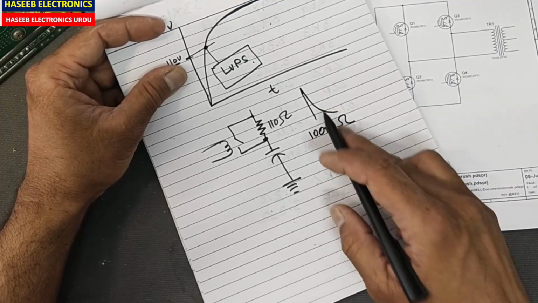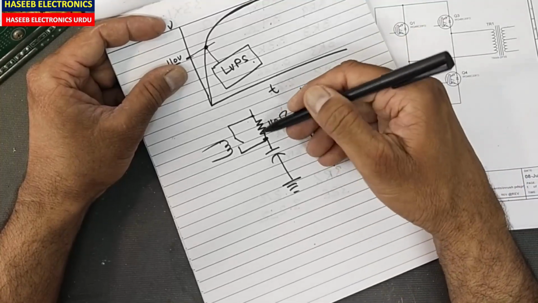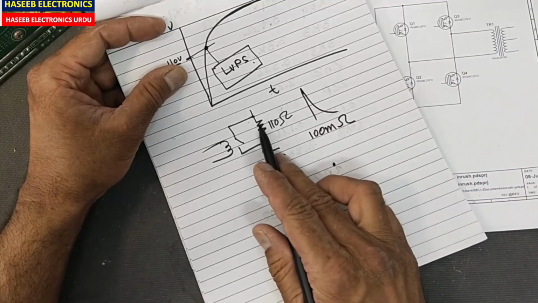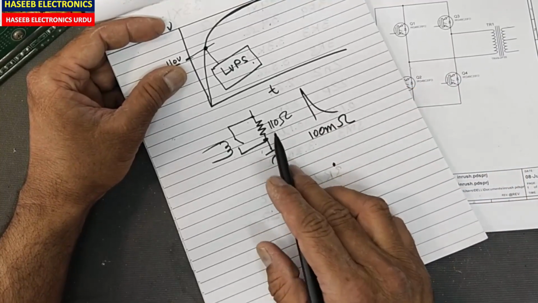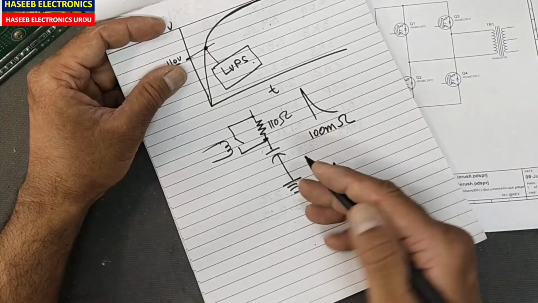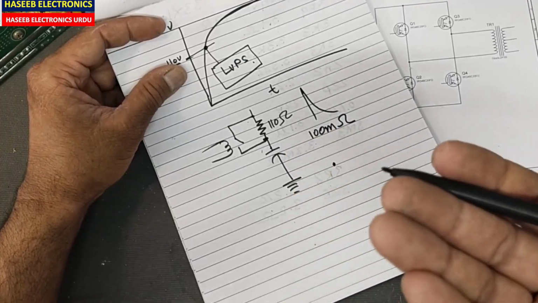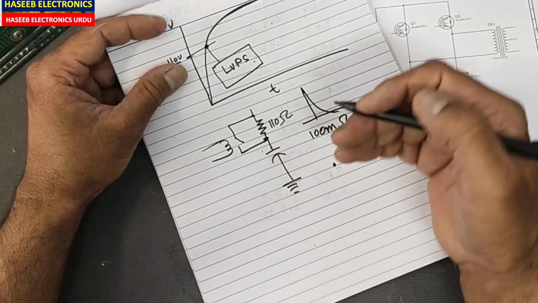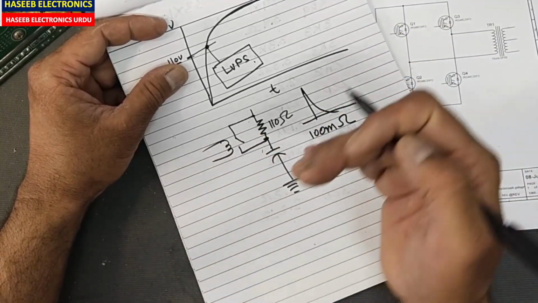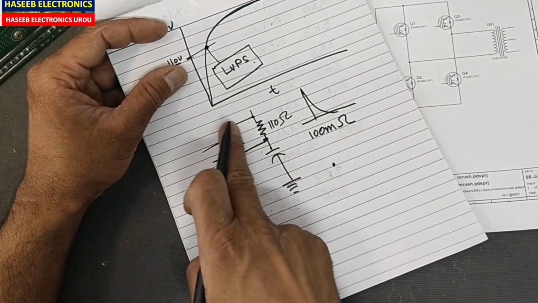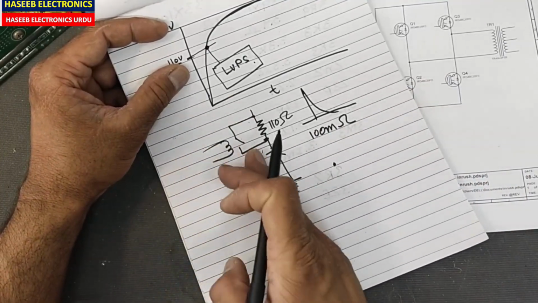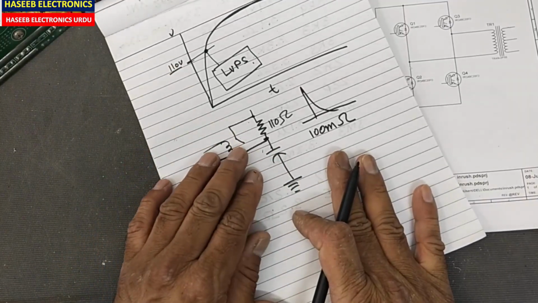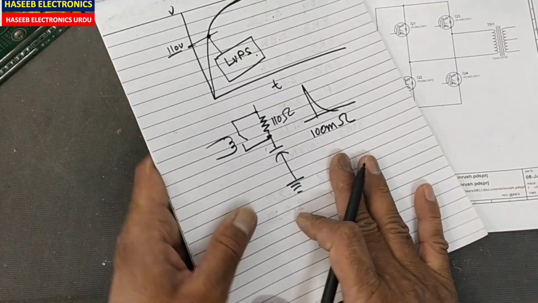When the capacitor starts charging, the capacitor's effective resistance starts increasing and the drop across this component starts decreasing, so its load will decrease. At that time this bypass relay will bypass this component. So it is a protection circuit, an inrush current protection circuit.